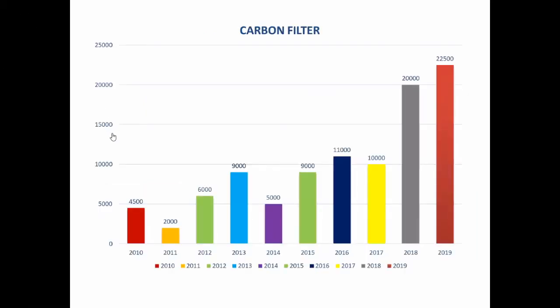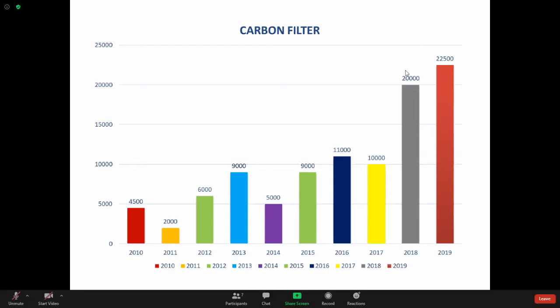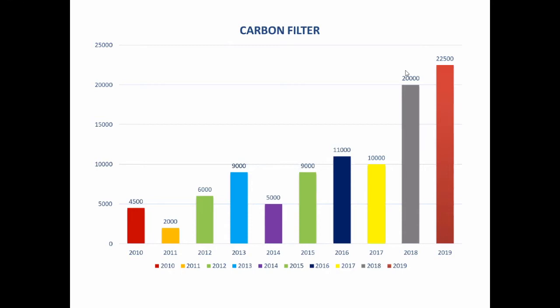So you see again from 2010 till 2019, these filters are for special areas, so the quantity is not like the main products. For projects or regular customers, it is produced in this quantity. Last year it was 22,500 pieces.